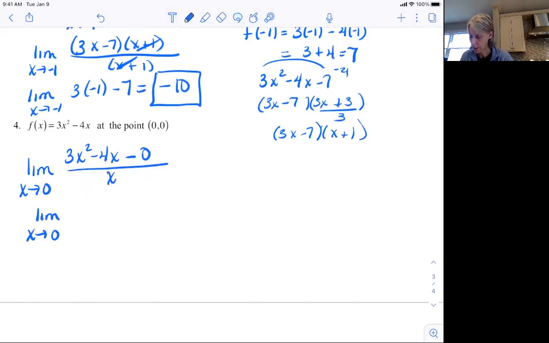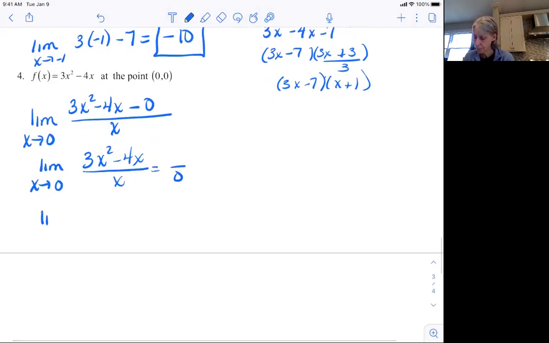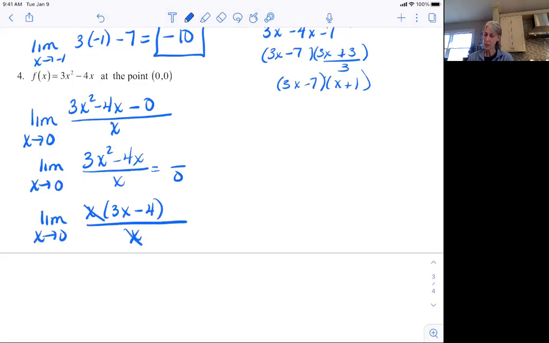So I have the limit as x approaches 0 of 3x squared minus 4x over x. I am going to get a 0 in the denominator. The x's are going to cancel when I reevaluate. 3 times 0 minus 4 equals -4.